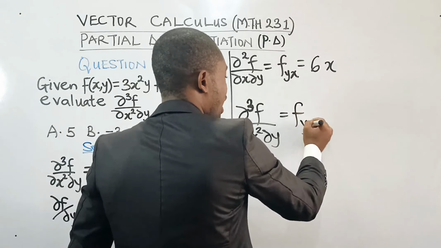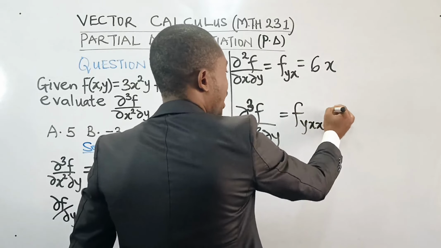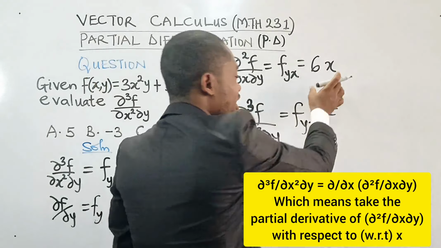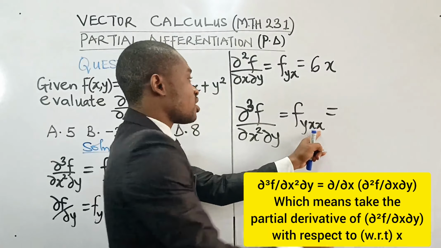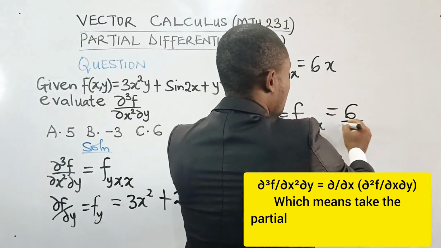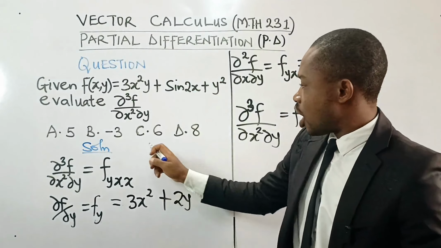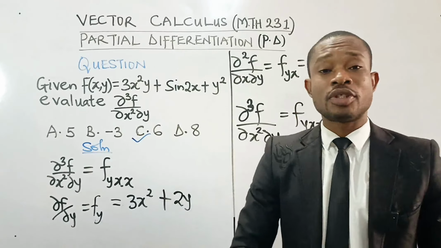So this is written as f sub y sub x sub x, which means we are going to differentiate this 6x. If you differentiate 6x partially with respect to x, you are going to get what? 6. And of course, this is our answer. Coming to the options, the correct option is option C.